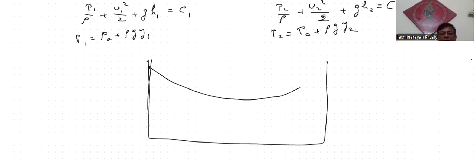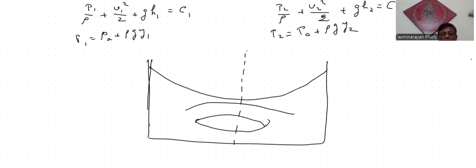Now you can imagine here, this is R1, this is R2. This is omega.